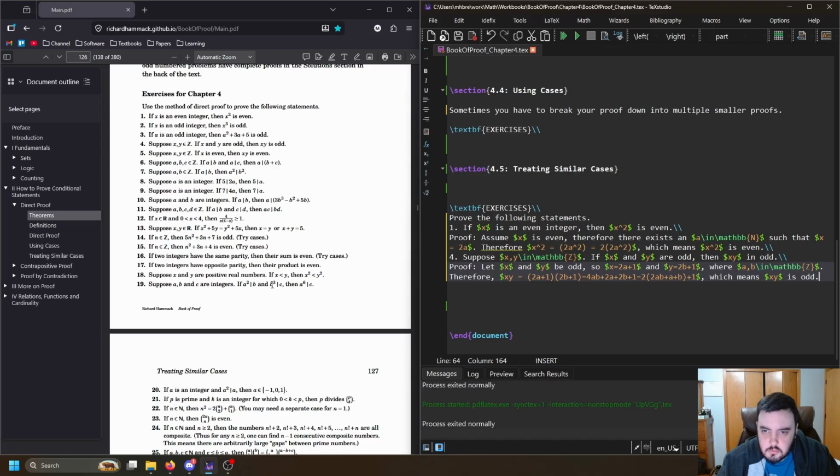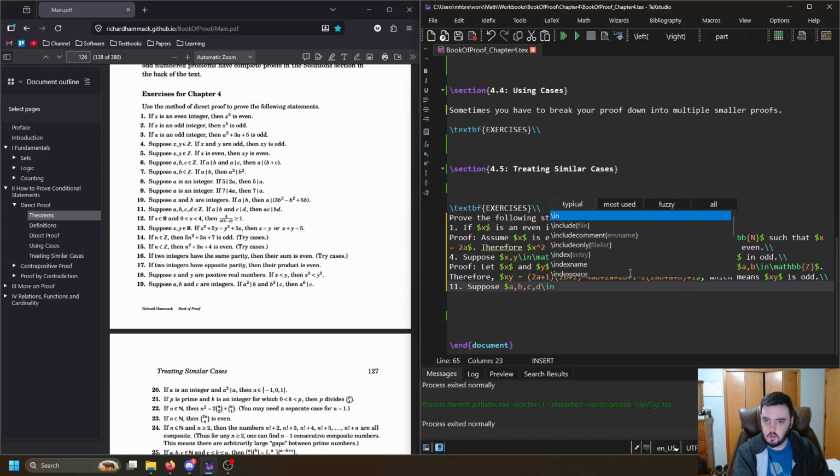Go farther down here, maybe do a divides. Yeah, let's do a divides one. Let's do this one. Let's do 11. Suppose A, B, C, D are in the integers.